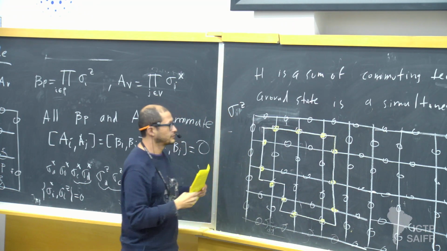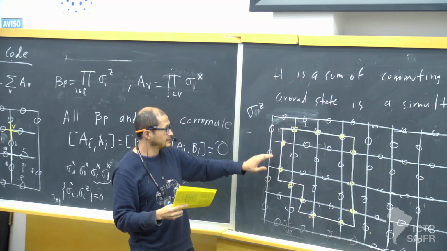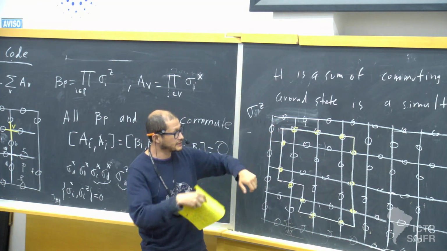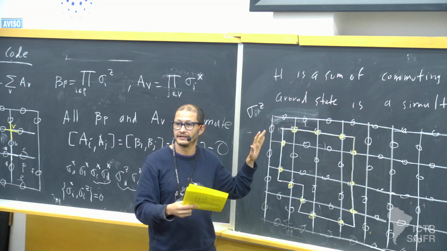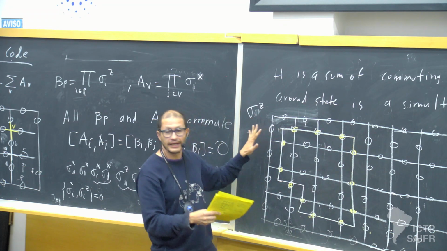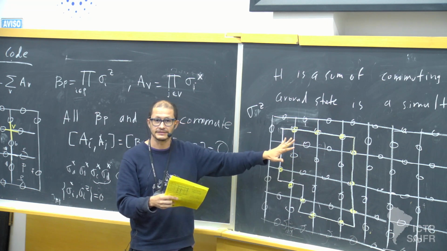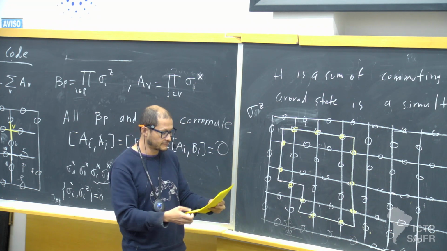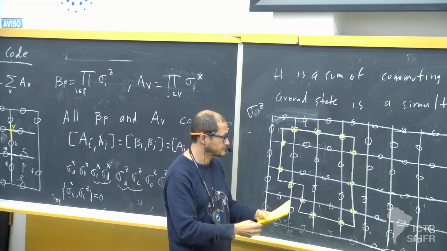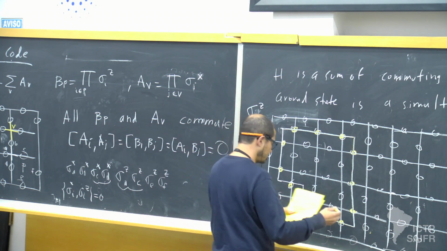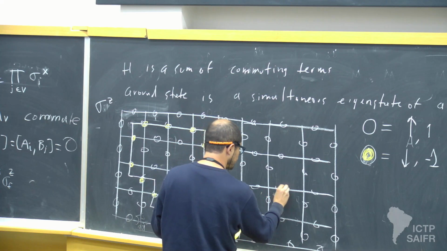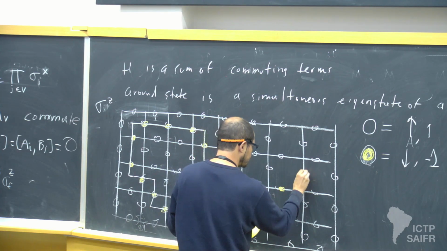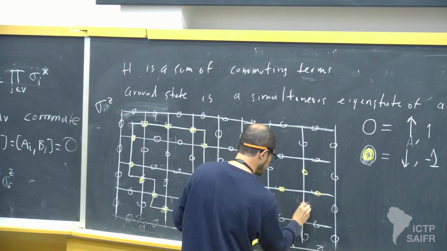What you see is that the configurations where you have spin down form a loop in the dual lattice of the system, and you can start flipping more and more of those. For instance, you could flip this one, this one, this one, this one, and this one.